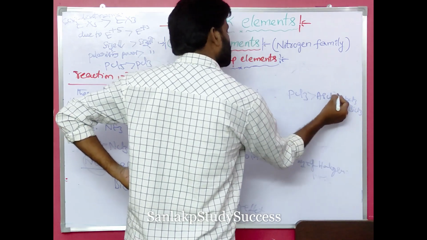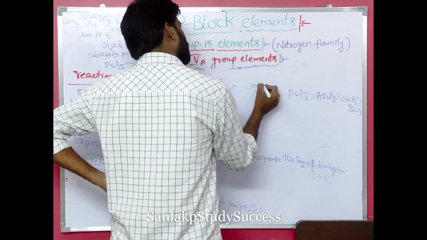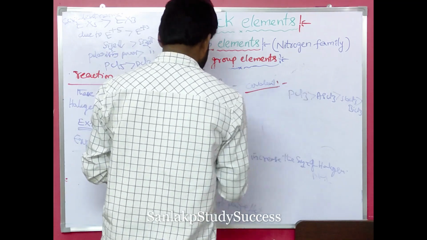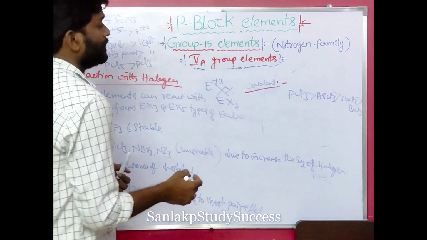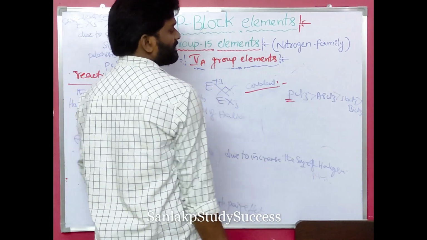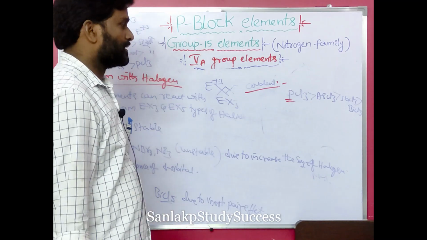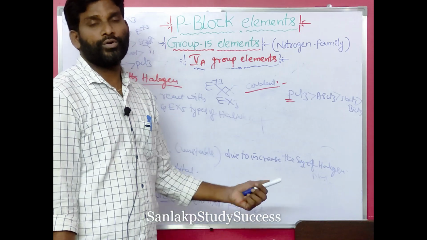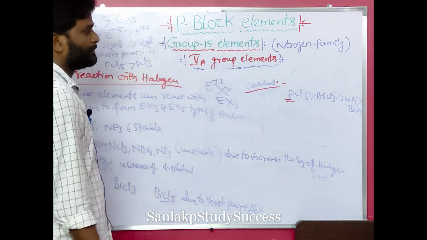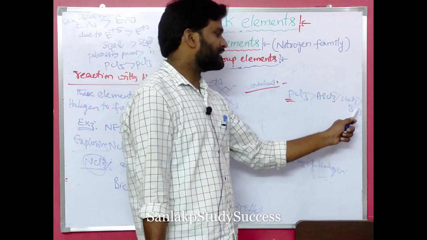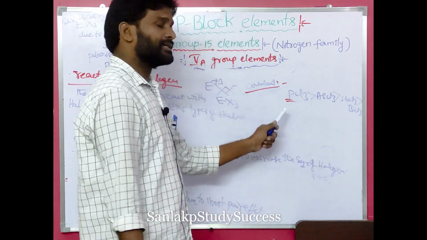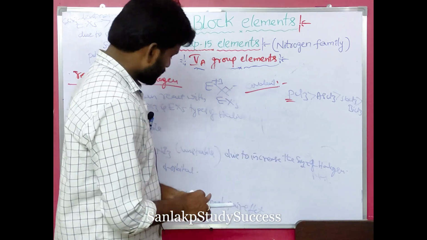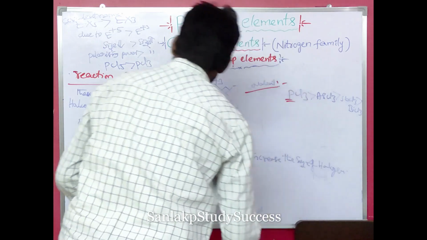PCl3 has more covalent nature, because phosphorus has a smaller atomic size compared to bismuth, which has the largest size, so it has more polarizing power and more covalent character. So in PCl3, AsCl3, SbCl3, BiCl3, PCl3 has more covalent nature because it has the smallest atomic size.